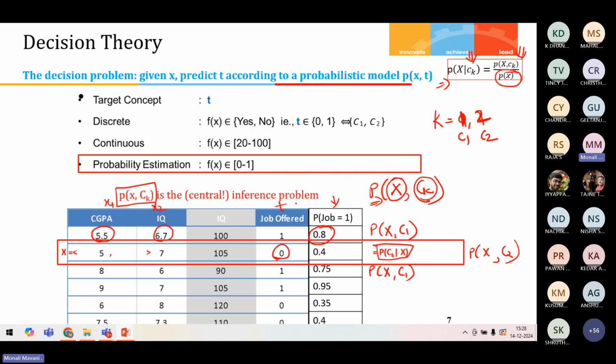So here, the probability which is coming in the last column is nothing but the posterior probability. And there are many algorithms which give us this posterior probability in different ways. The first algorithm we will see is how we get this posterior probability using logistic regression.